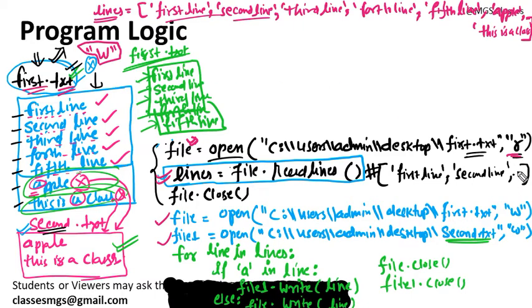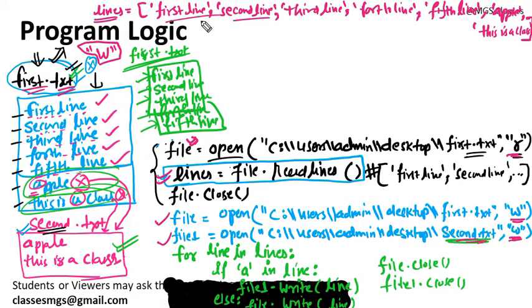If we open in write mode, that means we are overwriting the file. Now, using this for loop, and opening second.txt in write mode, those lines that contain the a keyword anywhere in the line will be stored in second.txt. So let's see.